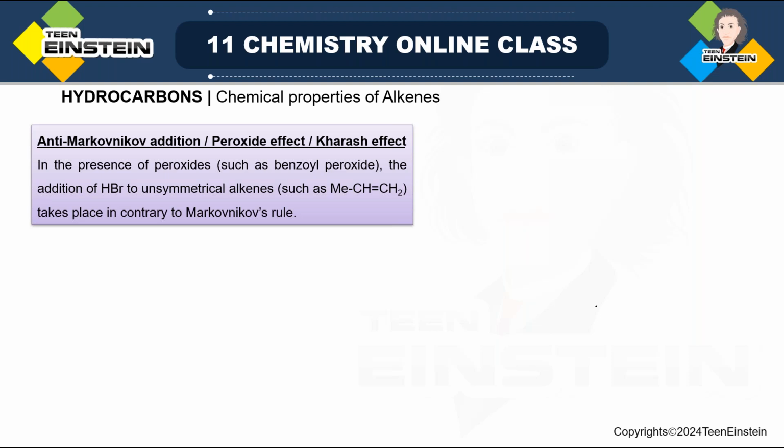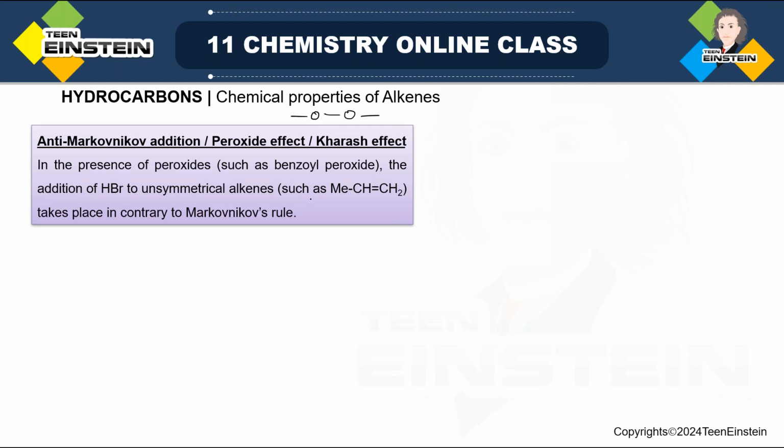And why do we call it the peroxide effect? Because it occurs in the presence of some reagent containing a peroxide bond. Peroxide bond means this type of bond that will be present in some reagent. Mostly the examples you will see are with benzoyl peroxide, so the mechanism that we are going to see will be based on benzoyl peroxide.